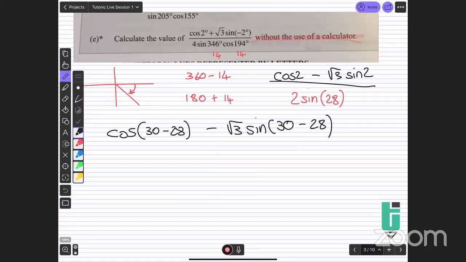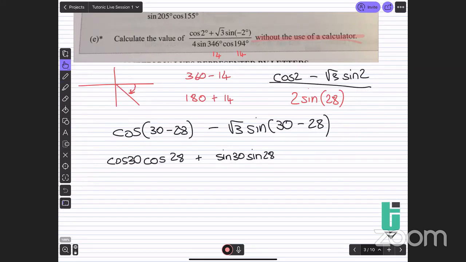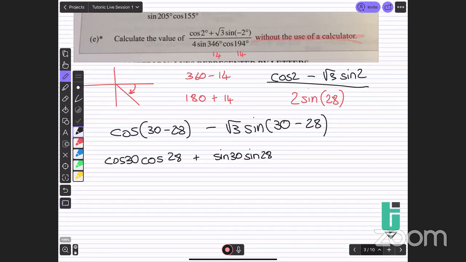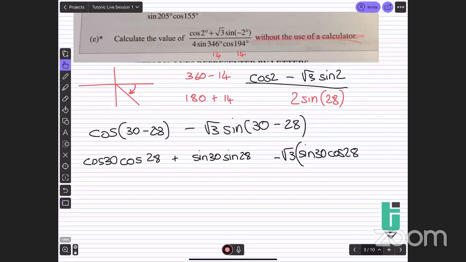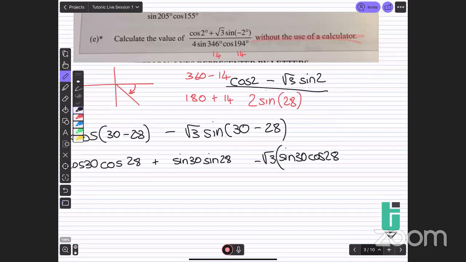So cos 30 cos 28 plus sine 30 sine 28, minus root 3 open brackets, sine 30 cos 28 minus cos 30 sine 28.